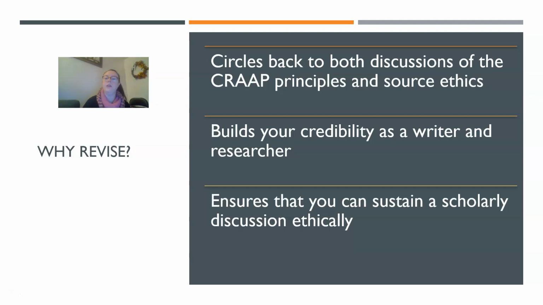Also, it ensures that you can sustain a scholarly discussion ethically. So when we revise for content accuracy, we're basically ensuring that we are responding in a way that furthers the discussion. It's like if you were chatting with someone and they said, oh, we should get this kind of ice cream. But then if you relay it to someone else, saying, oh, this person wanted a hot dog, you're not extending the conversation in any way, shape, or form.